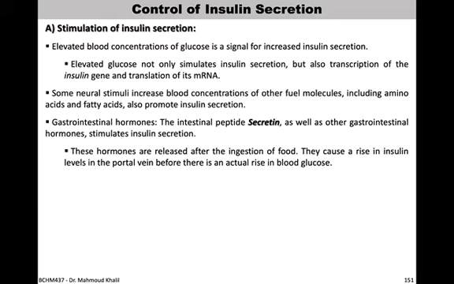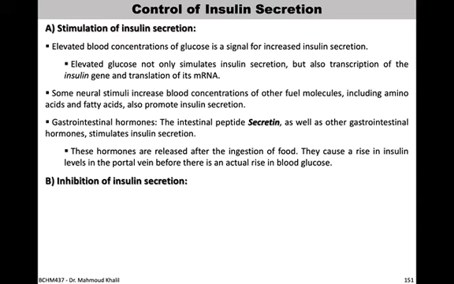These hormones are released after the ingestion of food. So they cause a rise in the insulin levels in the portal vein before there is even an actual rise in the blood glucose. So actually this is like a first line to detect the increase in blood sugar level before it is sensed by the brain.